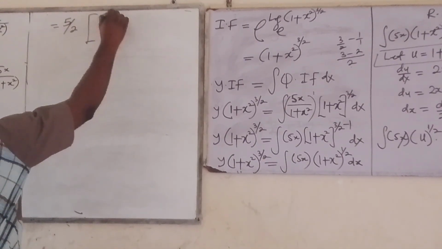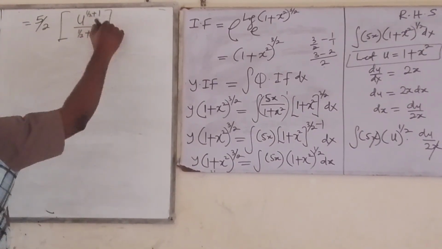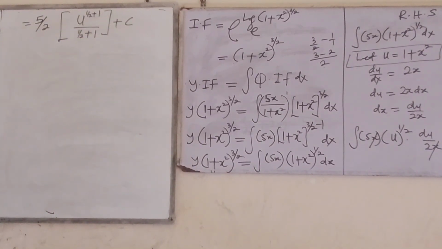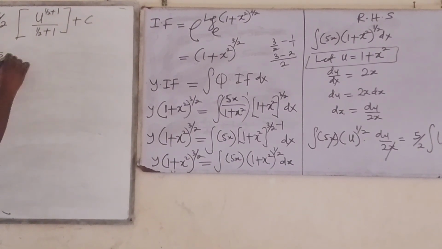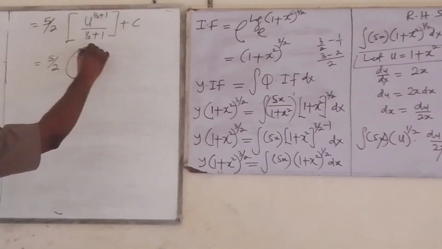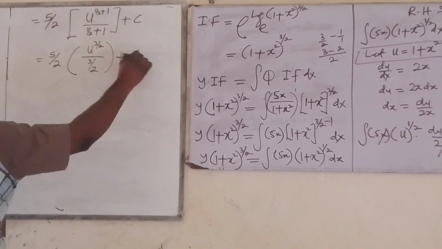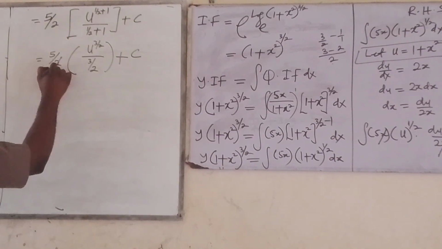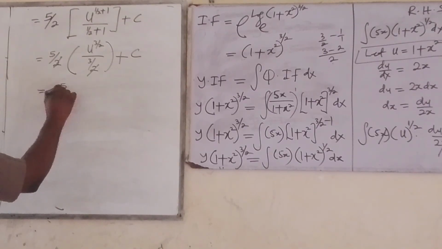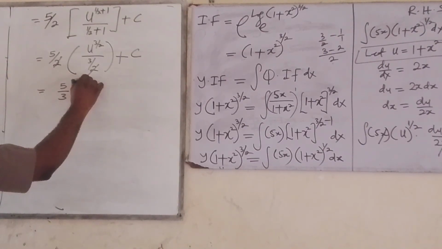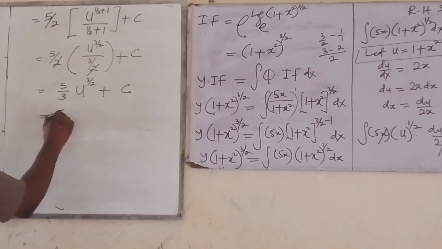U power half will be u raised to the power of half plus 1 all over half plus 1, plus constant c. So the whole of this now will be 5 all over 2 in brackets u raised to the power of 3 all over 2 divided by 3 all over 2, plus c. So this 2 will cancel this 2, and we have 5 all over 3 u raised to the power of 3 all over 2 plus c.